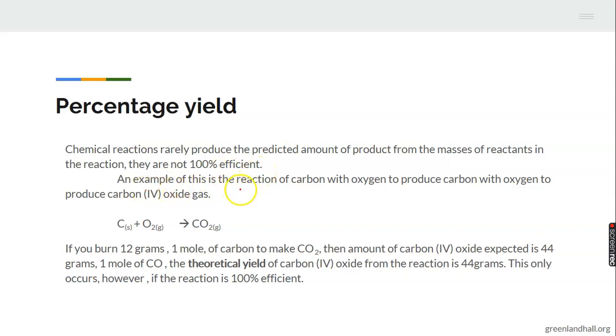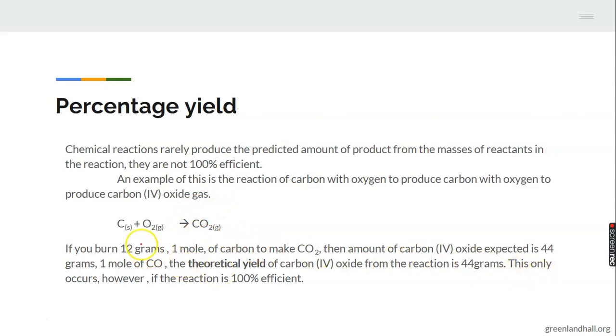Why? An example of this is the reaction of carbon with oxygen to produce carbon(IV) oxide gas. This is the equation. So when you burn 12 grams of carbon in 1 mole of oxygen, this is what you have. It will give you 1 mole of carbon(IV) oxide.